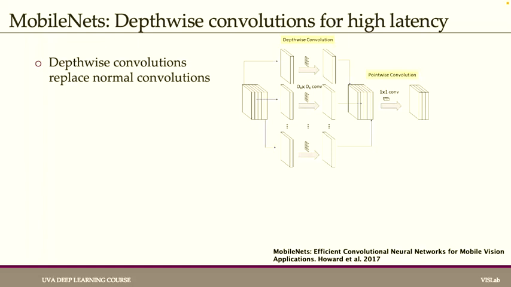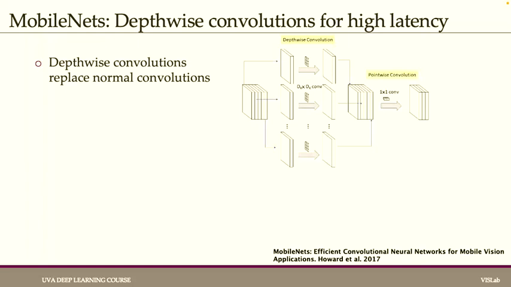So instead of having this k by k by c convolution, you're making a k by k convolution per channel, and you're adding a 1 by 1 by c convolution after that, in broad terms. And this saves you a lot of parameters.